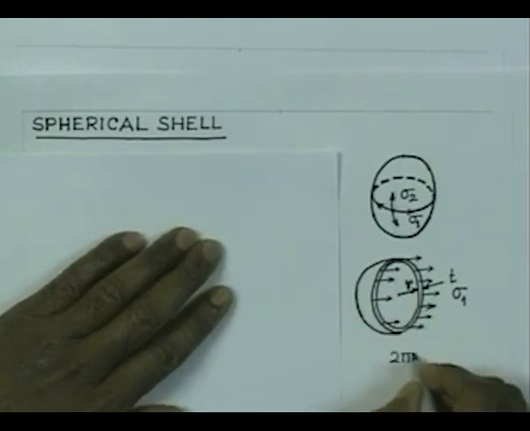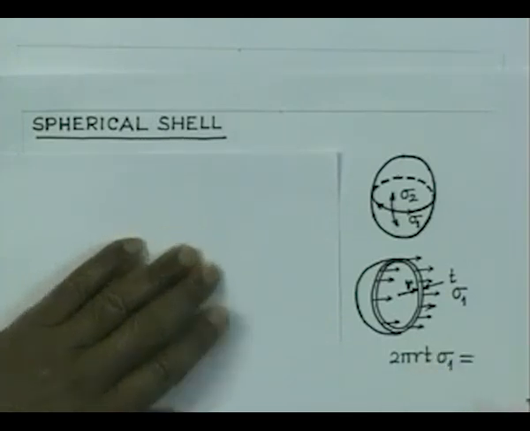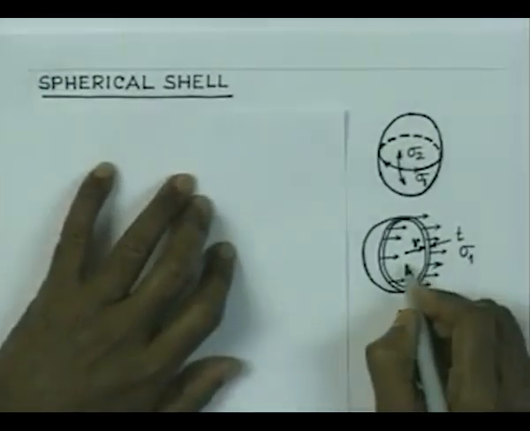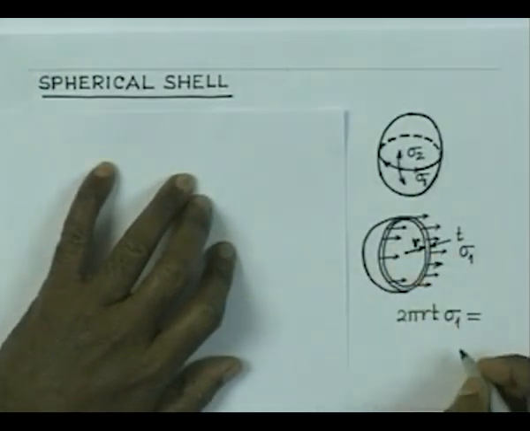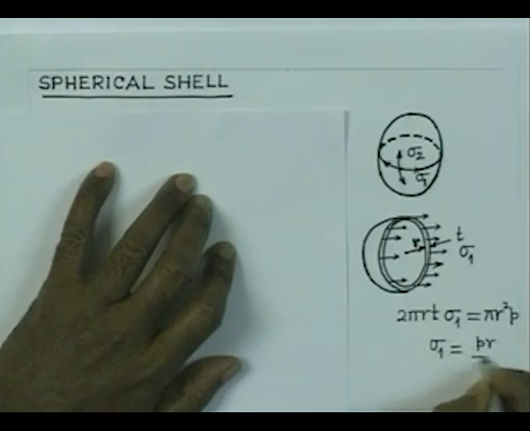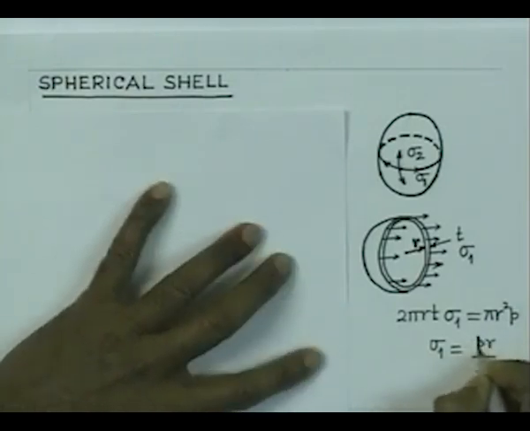So, 2 pi r T, that is the metallic area, multiplied by sigma 1, is counterbalancing the load acting in the opposite direction on this circular area pi r square, where pressure is P. So, that gives us sigma 1 equal to P r by 2 T.